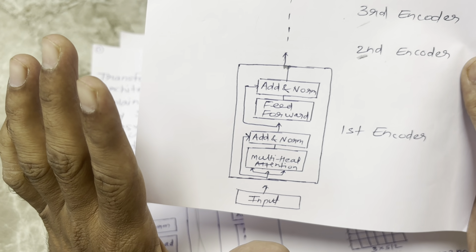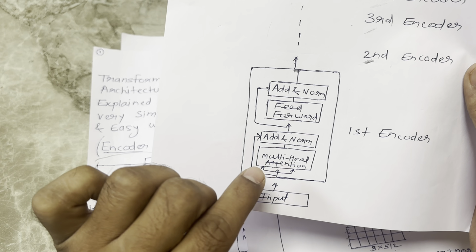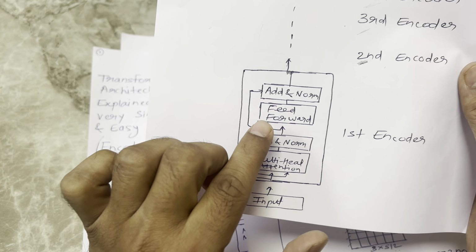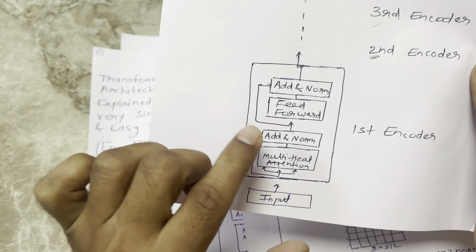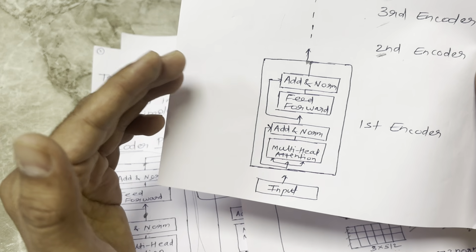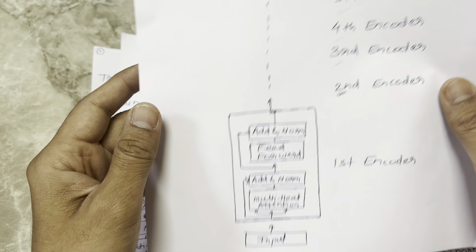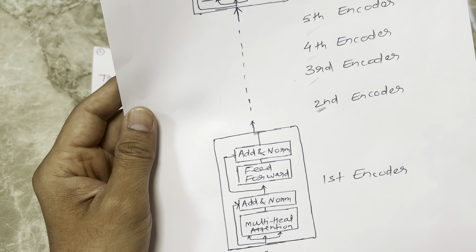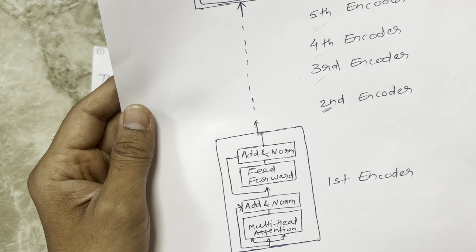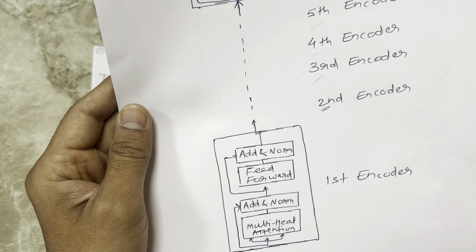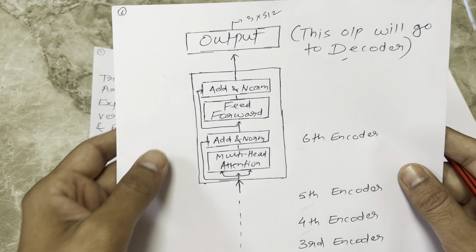That is the meaning. So whatever the weights and biases which are in the feed forward neural network of one block, the weights and biases in the feed forward neural network of another block are different. Each encoder block has its own parameter values which keep changing during back propagation. Please remember this. Okay, fine.